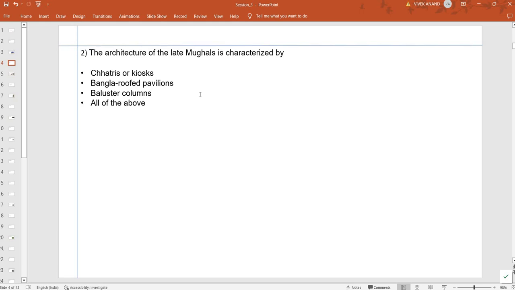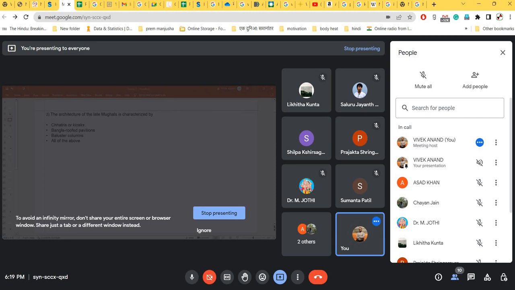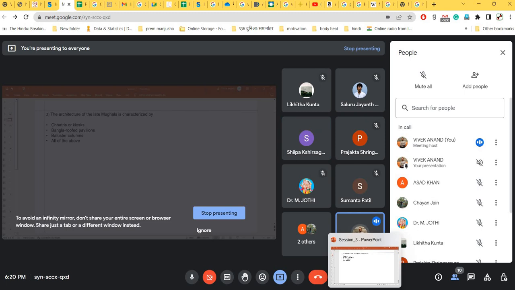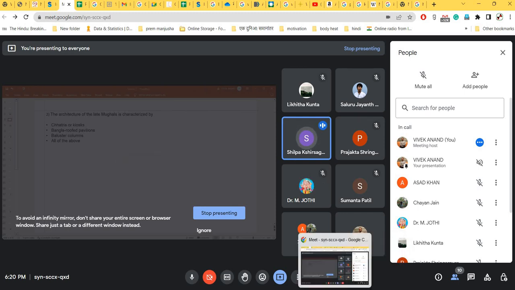Okay, and who said chhatris or kiosks? Silpa, right? Yes. So can you give an example of a building which has chhatris or kiosks? Most of the mosques even have them.